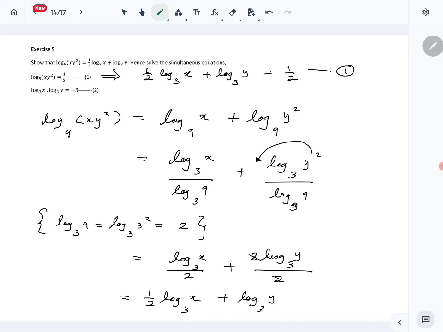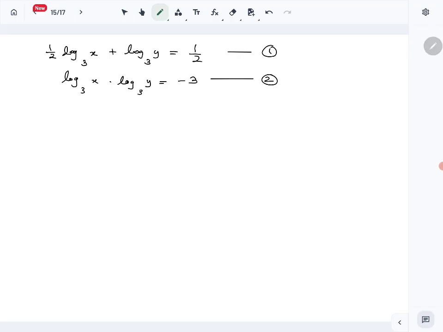Right, so now solve simultaneously. I can do what? From the first one, I will make log base 3 of y the subject. Log base 3 of y is equal to what? Half minus half log base 3 of x. Let me mark it as 3.